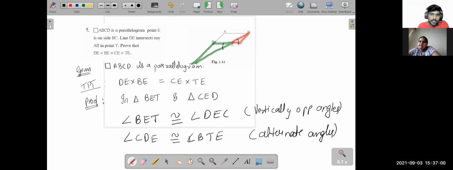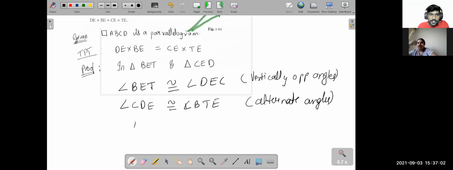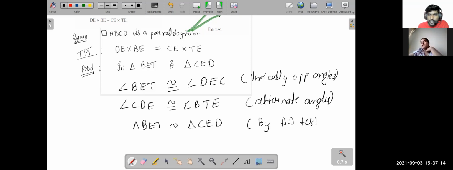Yeah, alternate angles. So that's enough to show that triangle BET is similar to triangle CED by AA test of similarity, because we have shown two angles.